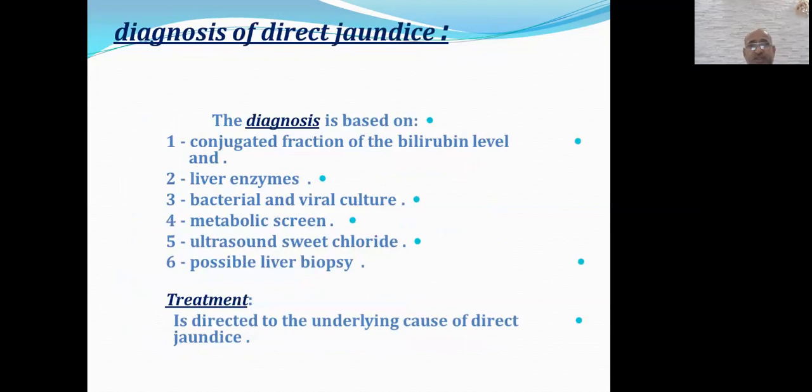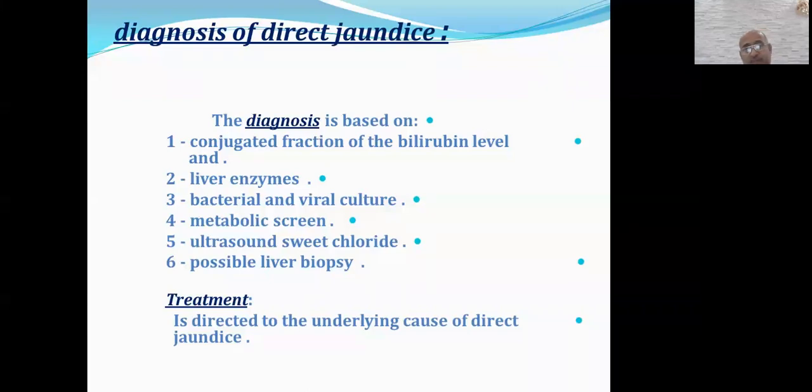Diagnosis of jaundice that is mainly direct depends on conjugated fraction of the bilirubin level, liver enzymes, bacterial and viral culture, metabolic screen, ultrasound, sweat test, possible liver biopsy.